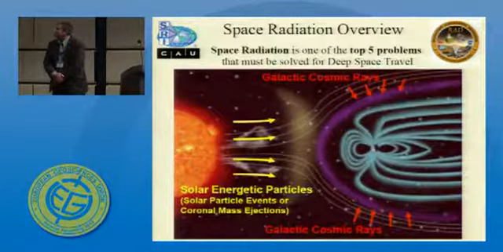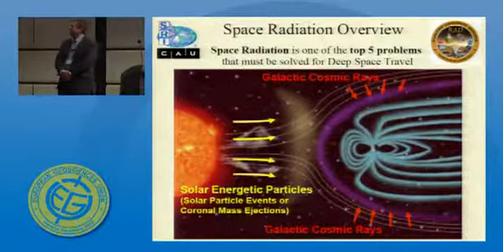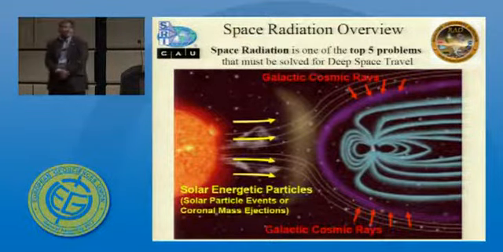Just to summarize, there's two primary types of particle radiation in space and on the surface of Mars. One is galactic cosmic rays, which come from supernova remnants far off in the galaxy, and they're very high energy, but relatively steady in terms of their fluence. They vary over the course of the solar cycle.